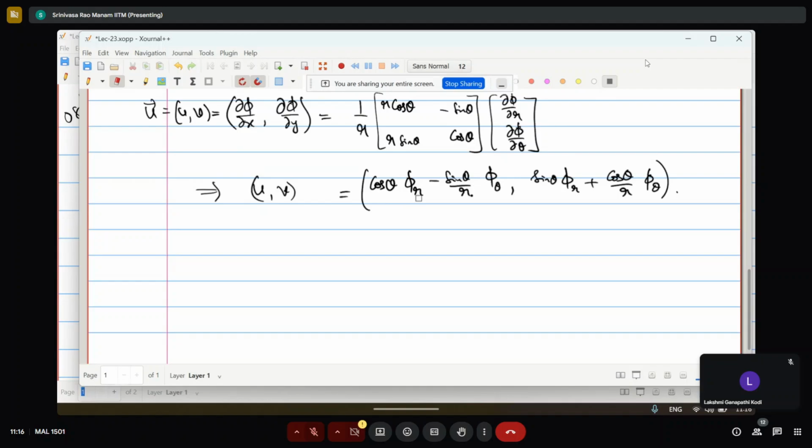Once you get this φ_r, you calculate whatever you got, θ, everything will go. Even if it is there, you convert into xy. Basically, these are your Cartesian coordinates. Once you know uv, you can draw them directly, right?